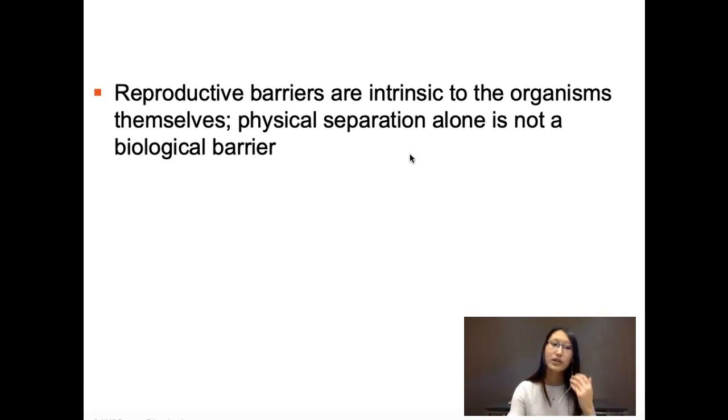Those are all results of our initial physical separation. And then eventually, because of this physical separation, there could be changes biologically, mutations, and natural selection and genetic drift. We said that way too many times, but now you're going to remember it, I hope. Those factors are going to accumulate and actually cause the reproductive differences or reproductive barriers. So now these two populations can no longer have viable, fertile offspring, which makes them two different species.